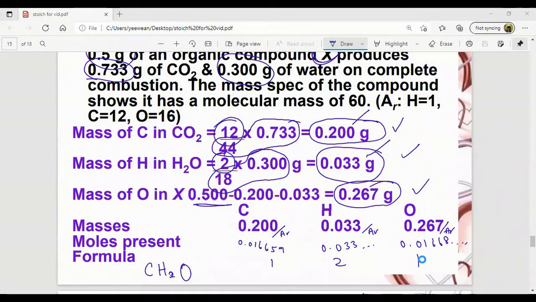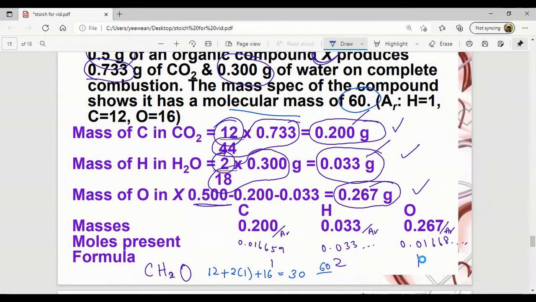The empirical mass would be, I'll simplify it to 12 plus 2 times 1, plus 16, of course you're going to use the more precise values, equals 30. So that's my empirical mass. But it says that the molecular mass of this organic compound X is 60. So 60 divided by 30, that's 2. So n is 2. I need to multiply the whole thing by 2. So my actual formula would be C2H4O2.